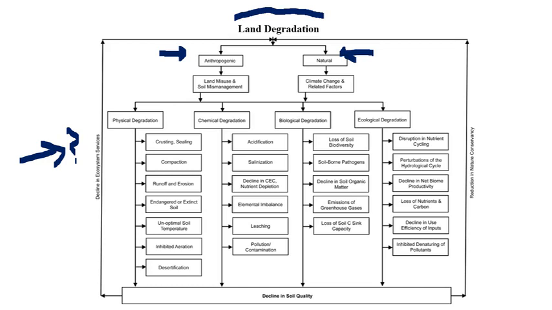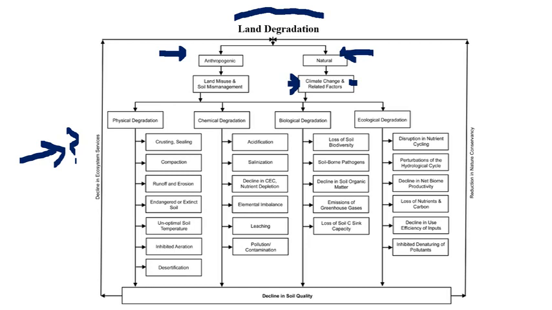But in the previous slide, I told you that natural processes, except a few, are also human induced. For example, climate change, which I have mentioned, is more an anthropogenic process than a natural process.